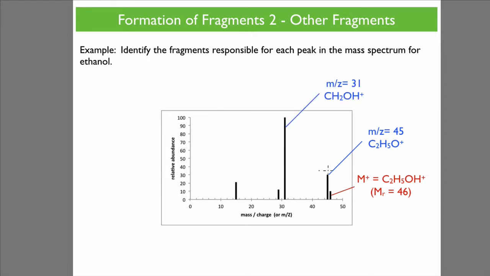Over here, we've got the CH2OH+ fragment, it's lost the methyl group. Next, we've got the C2H5+ here, we've lost the hydroxyl group. And finally, we've got this peak down here of 15, which is just the methyl group at the end.